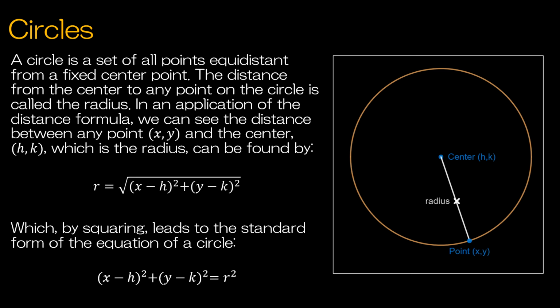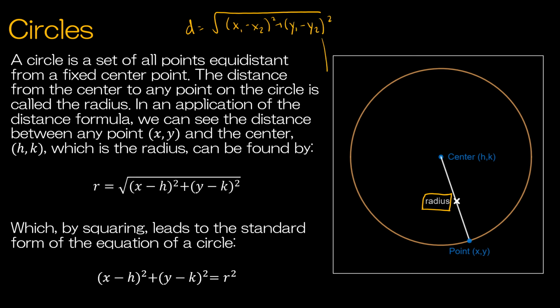So hopefully we know the circle has a center point, which we just call the center. And all of the points on the circle are equidistant, or the same distance from that center point, and that distance is called the radius. Now, we have already studied the distance formula in this course, and the distance formula says to find the distance between 2 points, we're going to take the square root of x1 minus x2 quantity squared plus y1 minus y2 quantity squared.